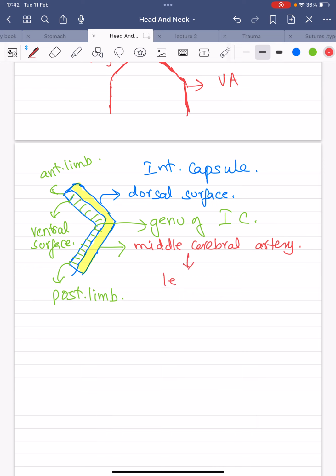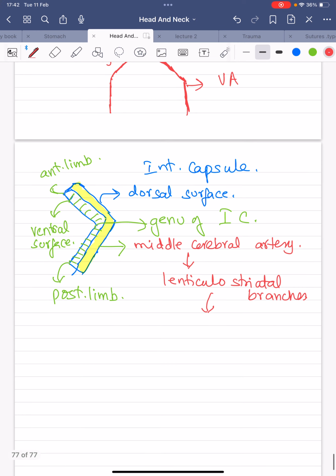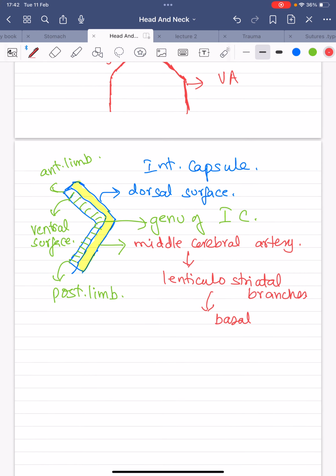The lenticulostriatal branches. Please remember, the lenticulostriatal branches of the middle cerebral artery are not only giving blood supply to the dorsal surface of the internal capsule, they are also giving blood supply to the basal ganglia.